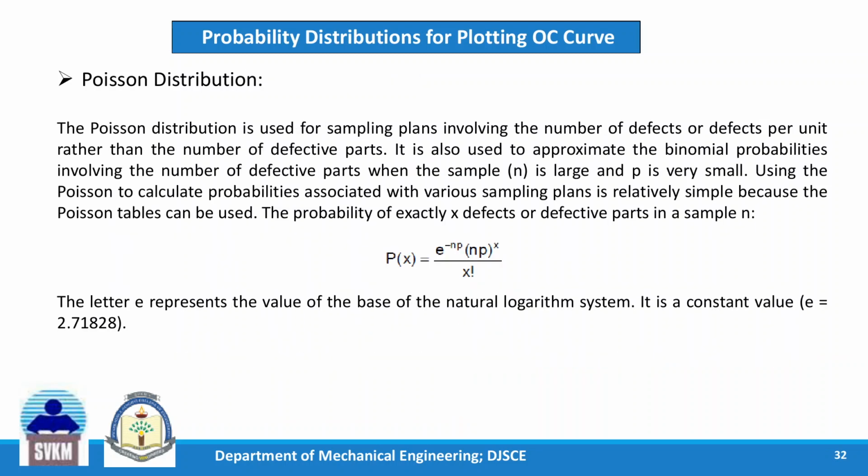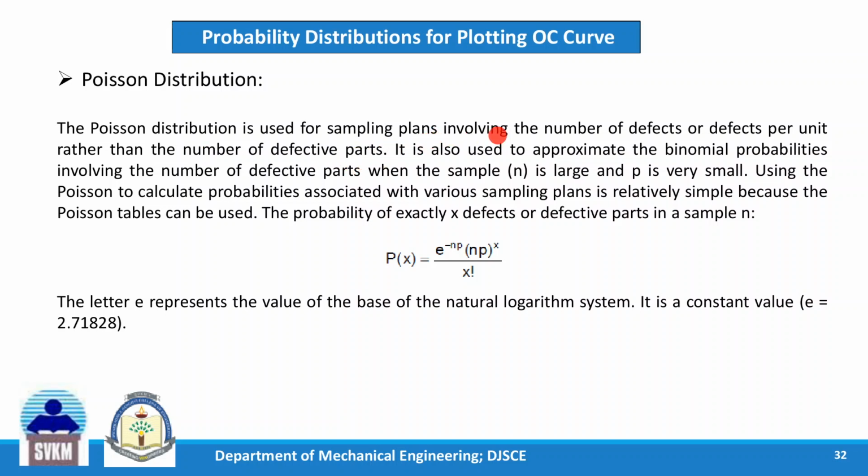And the third type of distribution is the Poisson distribution. The Poisson distribution is used for sampling plans involving the number of defects, or defects per unit, rather than the number of defective parts. See the difference here.